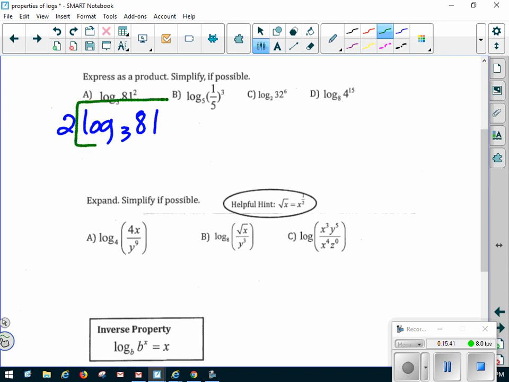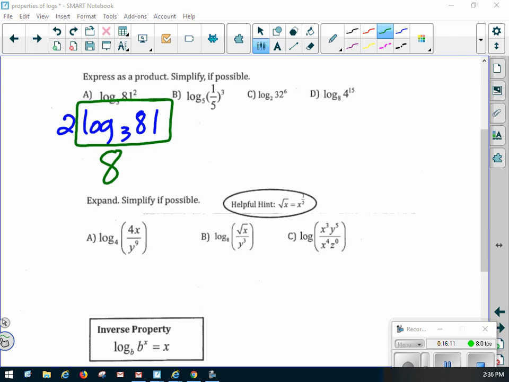Log base 3 of 81 is 4. And what's 4 times 2? There's your 8. When you have a log and you have an exponent, you can pull that exponent down as a coefficient.